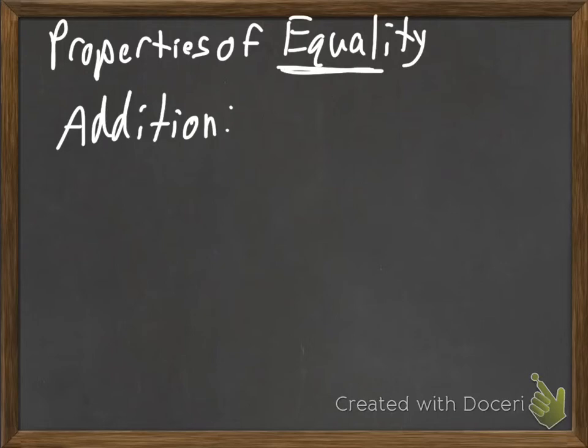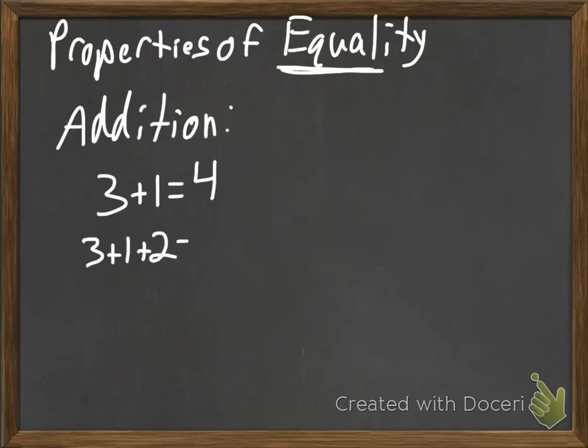So let's just say we have the equation 3 plus 1 equals 4. Well, the addition property says that if we add a number to each side of the equation, it's the same thing. Nothing really changes. So let's add a plus 2 to each of those. So we have 3 plus 1 plus 2 equals 4 plus 2.